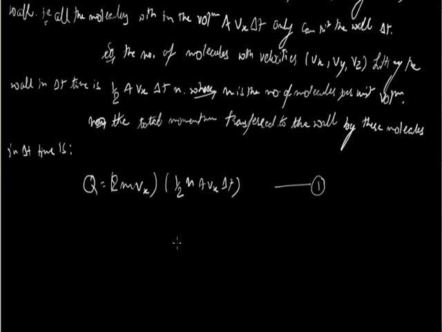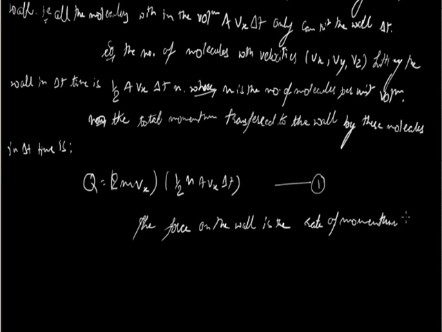Here the force on the wall is the rate of momentum transfer, Q upon del t, and pressure is force per unit area.